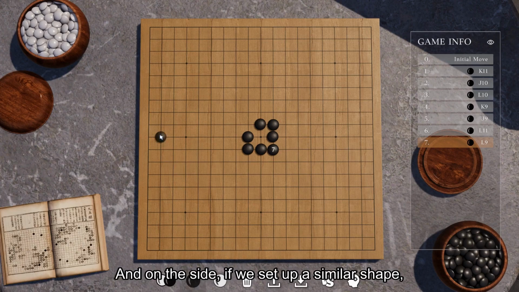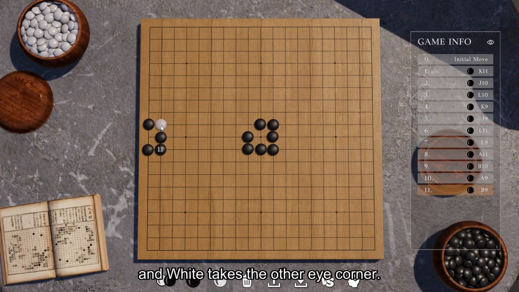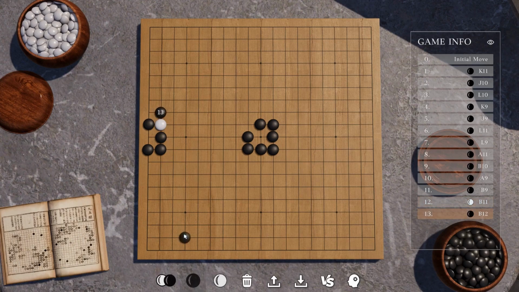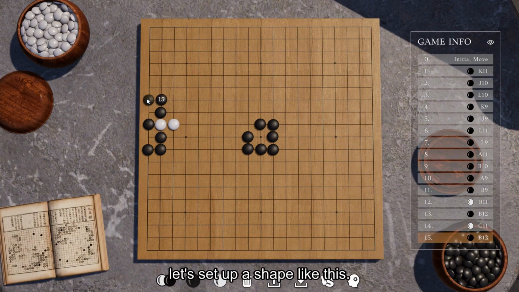And on the side, if we set up a similar shape, suppose black only occupies 1 eye corner and white takes the other eye corner, then we can easily foresee that this stone will be put in Atari. For example, let me set up a slightly more extreme shape. Let's set up a shape like this.